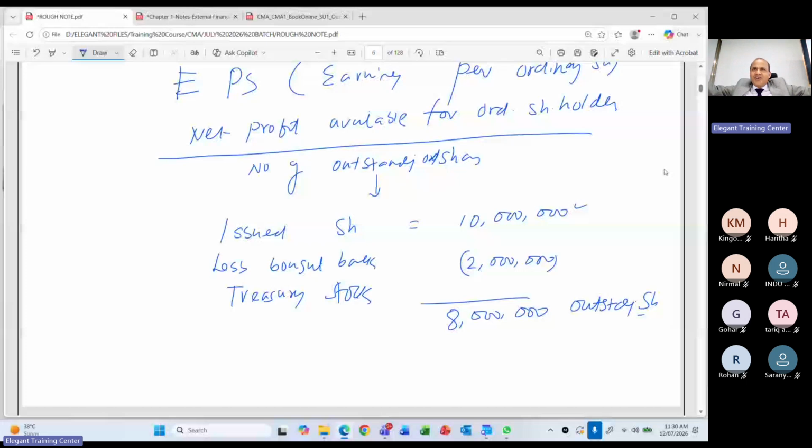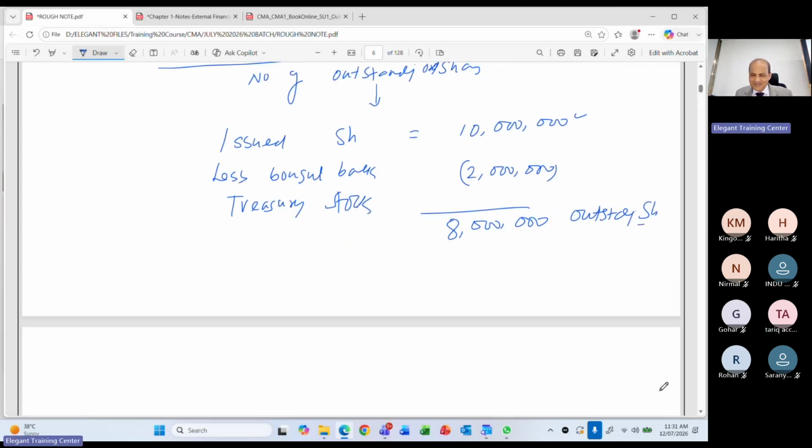Now the question: why bought back? Why is the company buying the shares? If you don't understand the logic, that's a problem. Why is the company buying treasury stock?